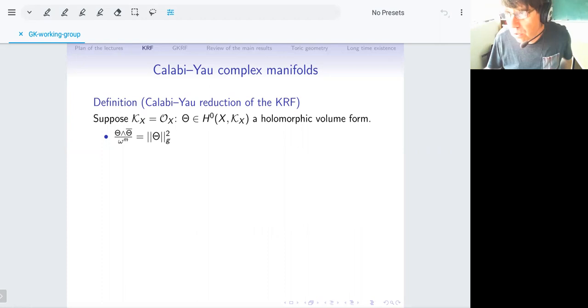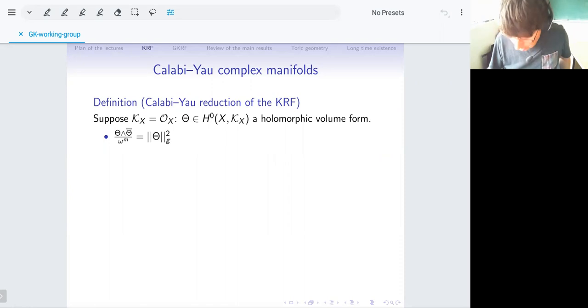And a little linear algebra shows that if I wedge theta by its conjugate, this would give me a 2m real form, well, almost real. I probably missed some minus, so probably i to the n is missing in this expression. But up to this, this expression will give the norm of this theta with respect to the Kähler metric.